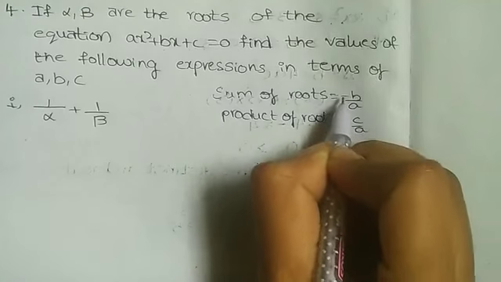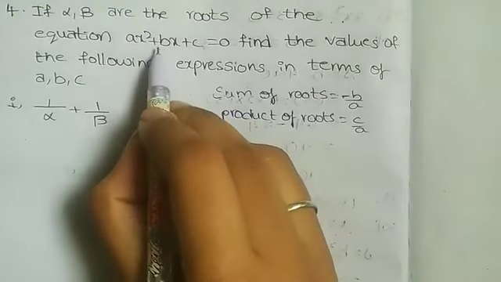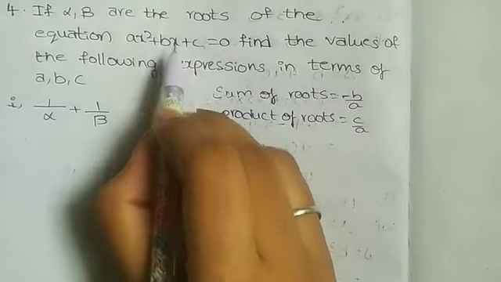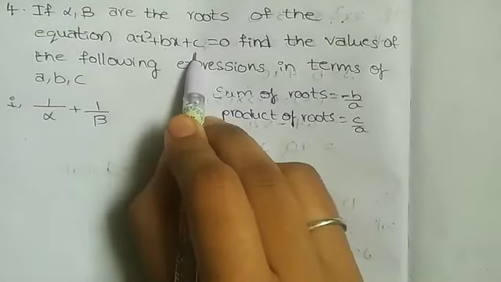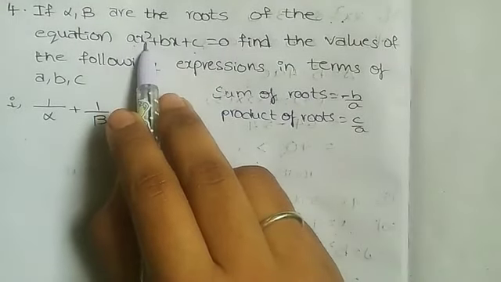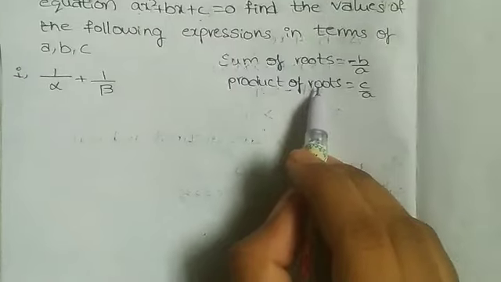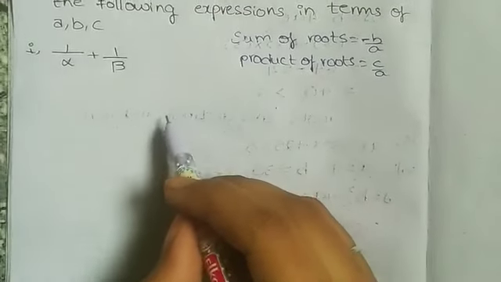Minus b is the coefficient of x, and c is the constant, and a is the coefficient of x square. This is the thing that is needed to solve these 5 problems.